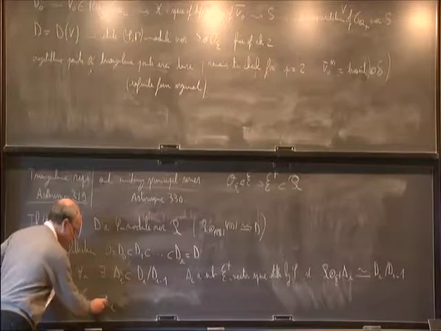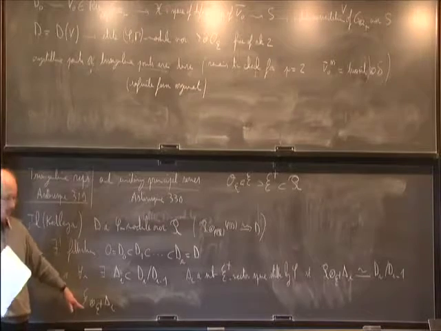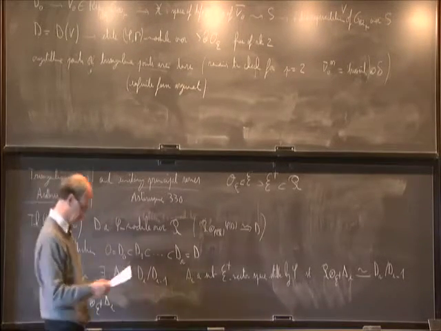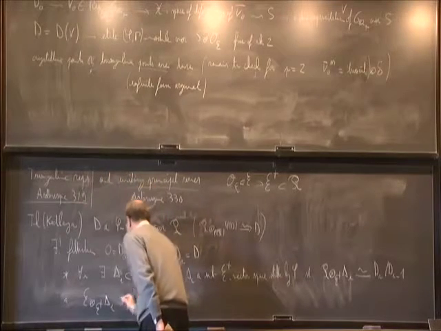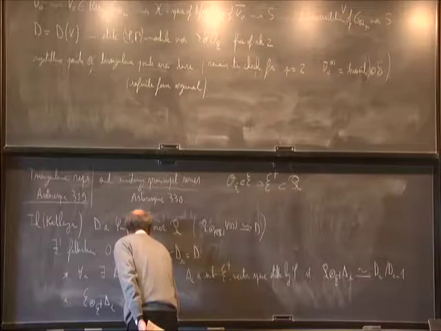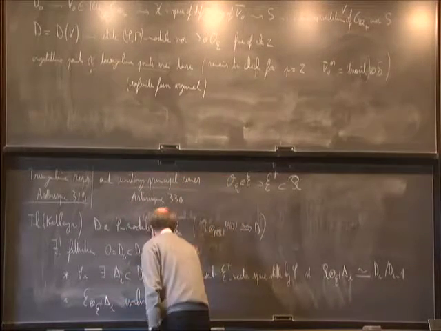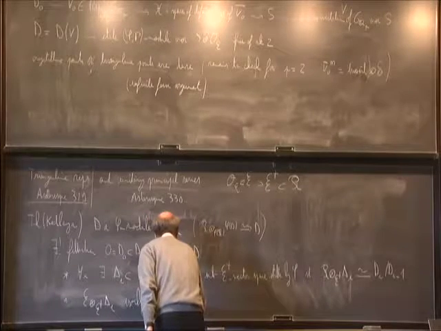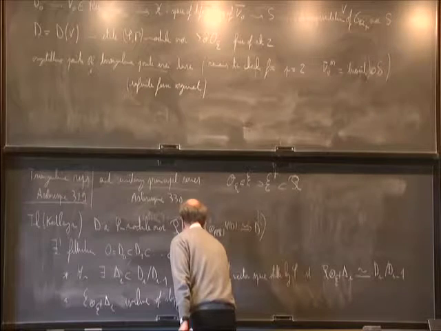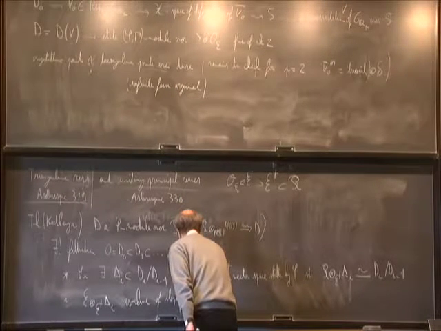And now you have a phi module over E, and so it has slopes by the usual Dieudonné-Manin theory. And so you want it to be isoclinic, so only one slope, let's say, what is a good name for a slope?